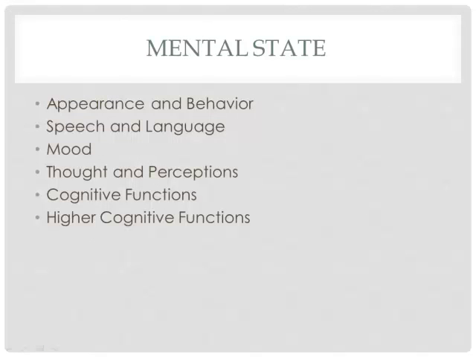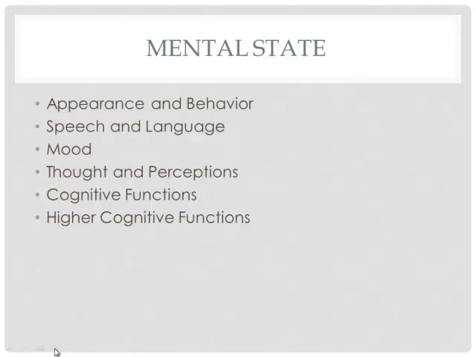So when we're looking at the mental status exam, there are different components that we are always going to be looking at. A lot of times when you see a patient, you yourself are making up in your mind what somebody's mental status is, even if you're not cognitively thinking about it. But really, when we're looking at somebody's mental state, we're breaking it down into 6 major categories.